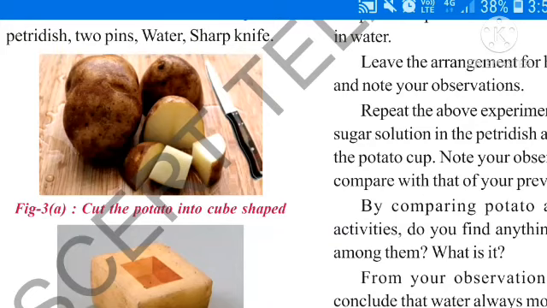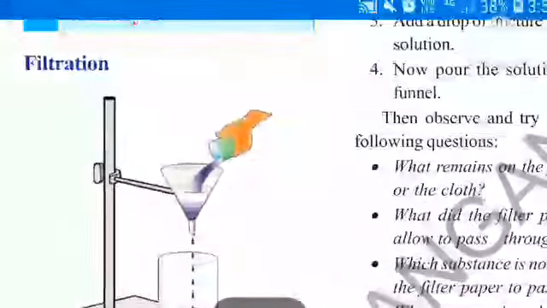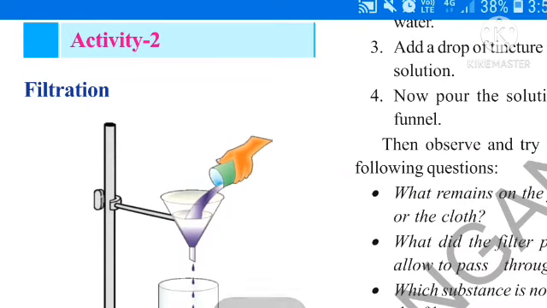Take one more experiment they have given. These are normal activities, filtration. What is the aim of this experiment? To prove the process of filtration. Materials: 2 beakers, funnel, filter paper, retort stand, sugar, dye, wheat or rice flour, 500 ml plastic bottle, cotton cloth.